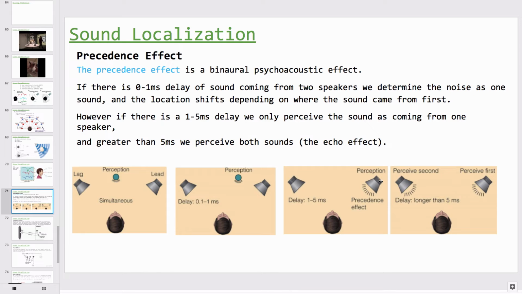So if this is reaching our ear first, and this is coming to us at 1 to 5 milliseconds, it doesn't sound like it's coming from here at all. In fact, we're still hearing the energy of the sound, so the overall loudness is still the combined signals, but it sounds like it's coming from only the right side. And if it's greater than 5 milliseconds, we hear them as separate sounds. So we hear kind of an echo. We hear this one, and then we hear that one. It's like kind of an echo effect.